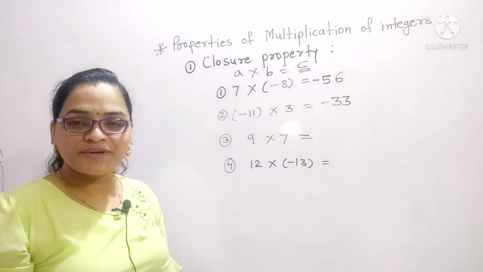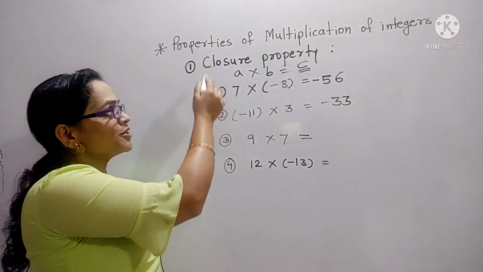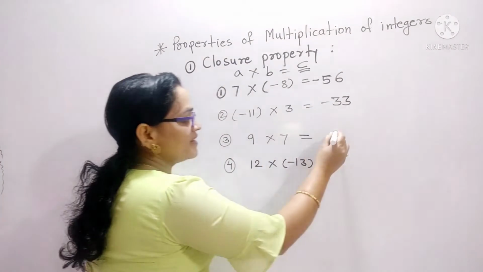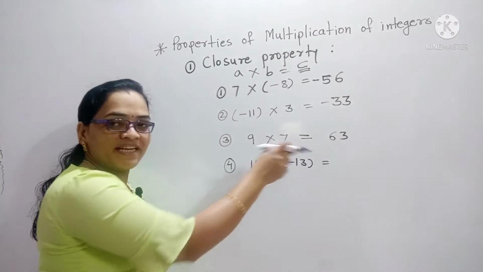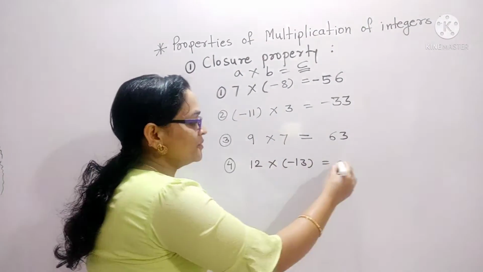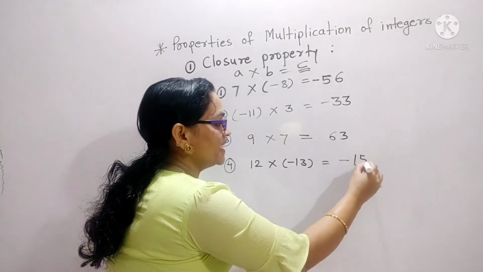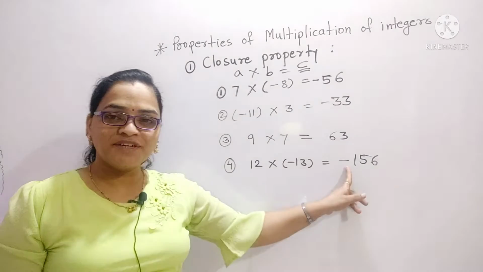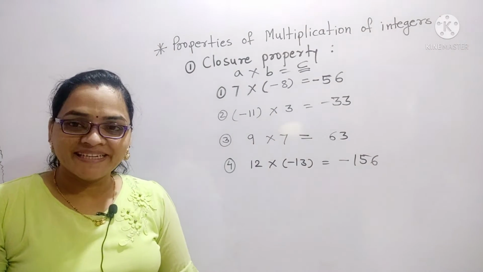Minus 33 is also an integer. This is the closure property for multiplication of integers. 9 7s are 63. 9, 7 and 63 are integers. 12 into minus 13 is minus 156. 12, 13 and minus 156 are also integers.